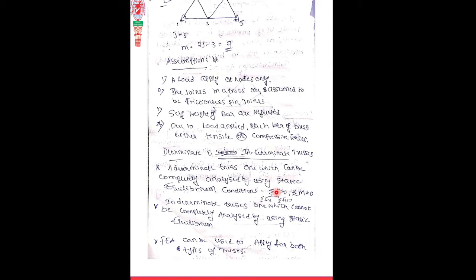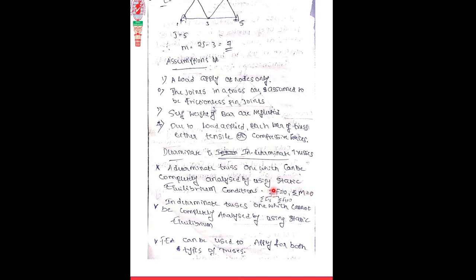So if the problem can be solved using these equilibrium conditions, then the structure is known as a determinate structure, and our problem is known as a determinate problem. Indeterminate means opposite. An indeterminate truss is one which cannot be completely analyzed by using static equilibrium.